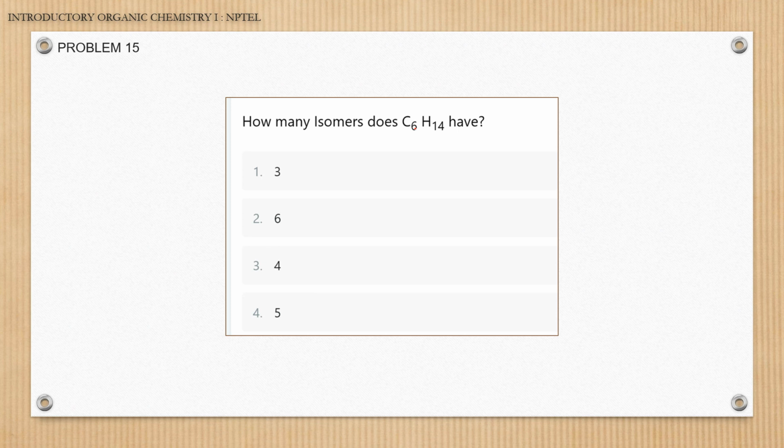And you have to name them, so better write it down. How many isomers can you find for the hexane molecule?